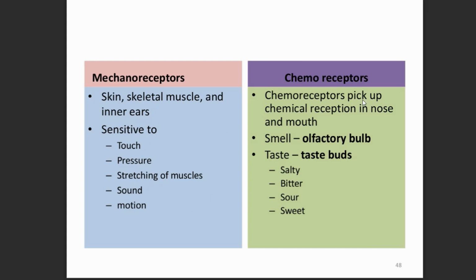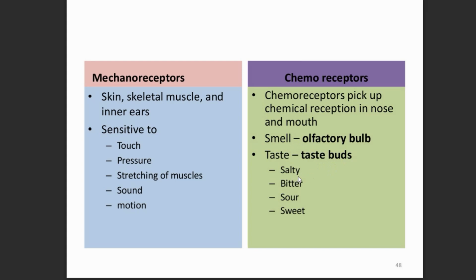Whereas chemoreceptors pick up chemical stimuli in our nose and mouth. If they are present in our mouth, they are taste buds. If they are present in our nose, they are the olfactory bulb.